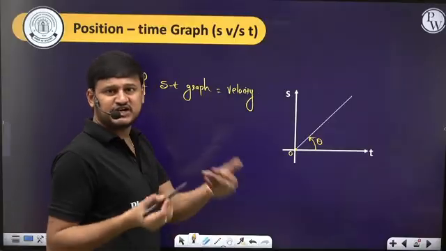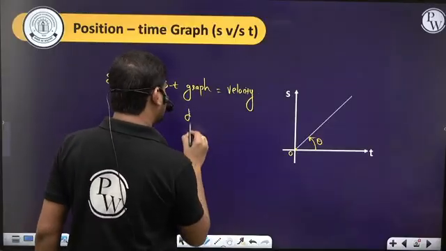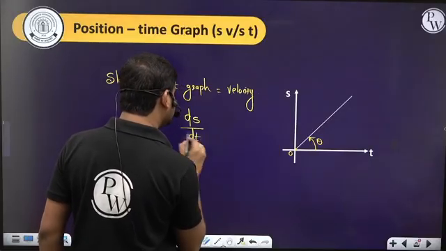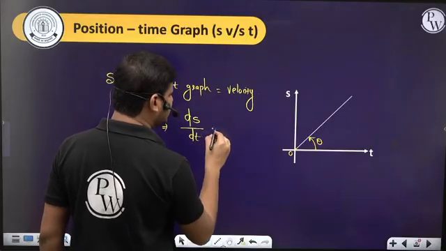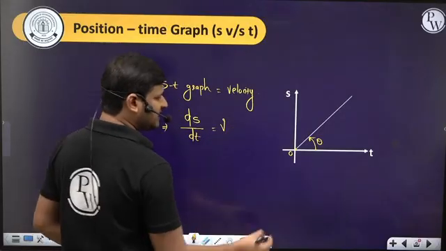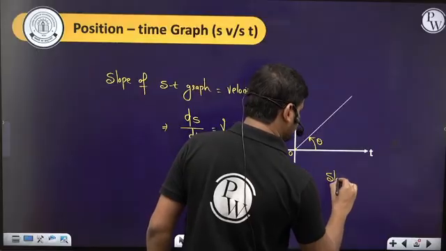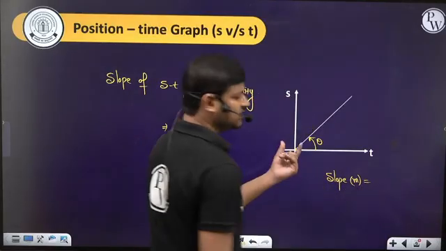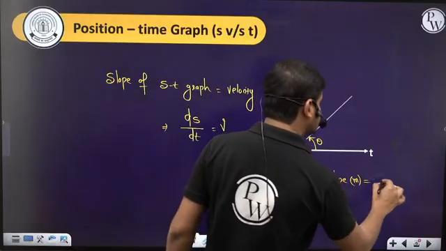Slope means differentiation. Differentiation of what? Of s in the s versus t curve, so ds by dt, which is equal to the velocity. Similarly, we can write the slope formula. We already know that from straight lines in maths. The slope formula is equal to tan theta.